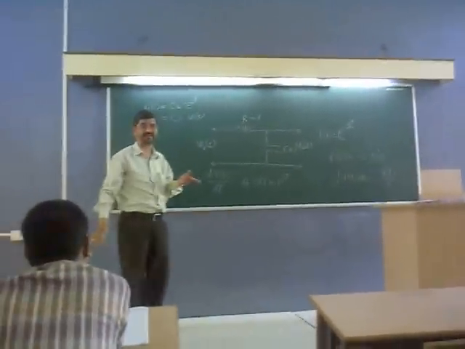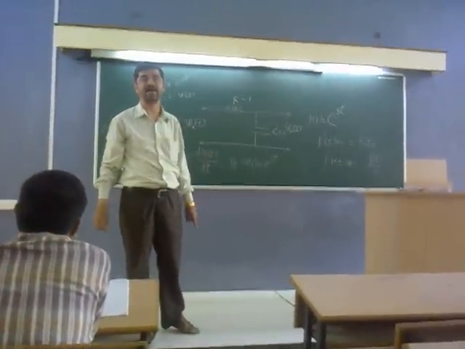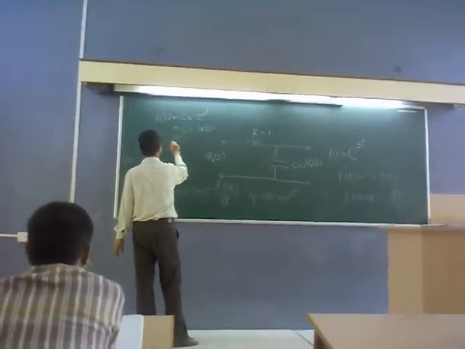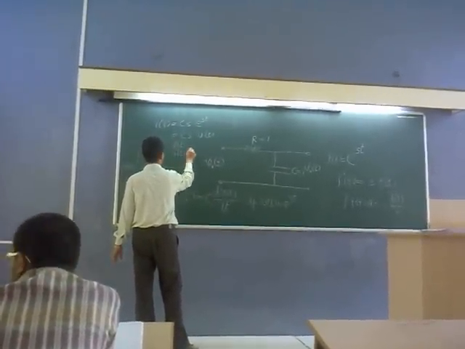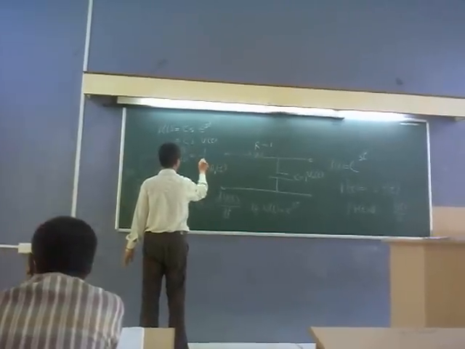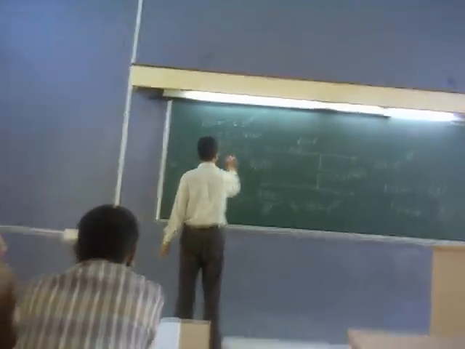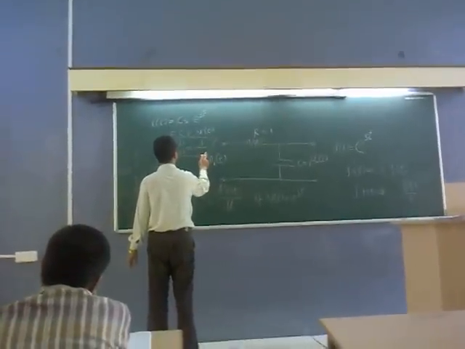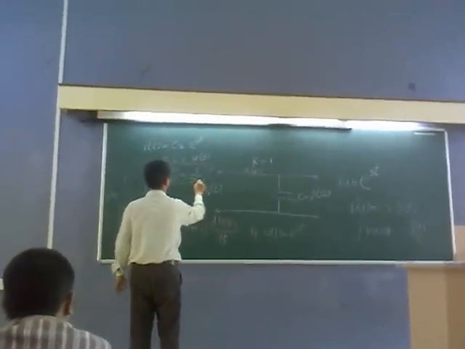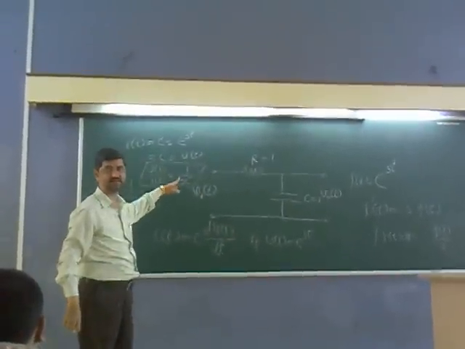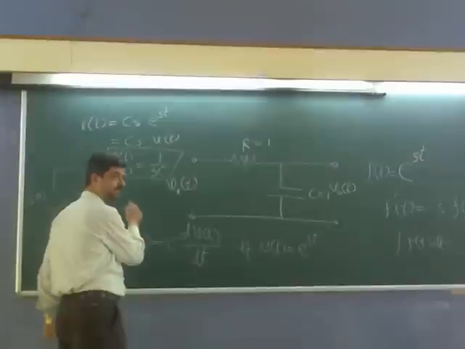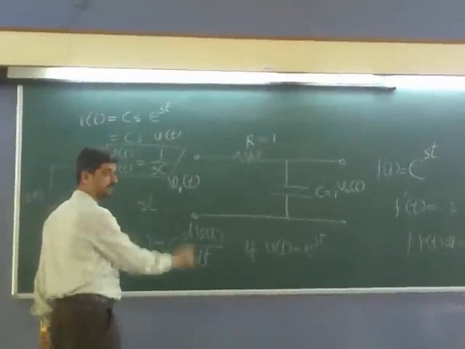Then if I take the ratio of V(t) upon I(t), I get 1 upon Cs. This is the impedance of the capacitor, and if we proceed in the same manner, I get the impedance of the inductor as sL.